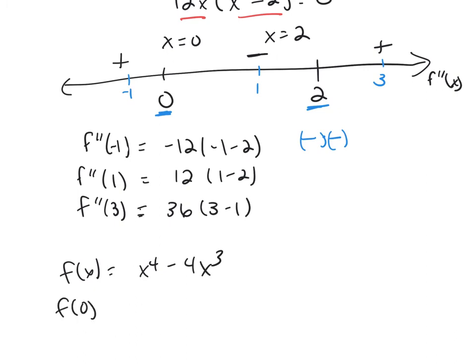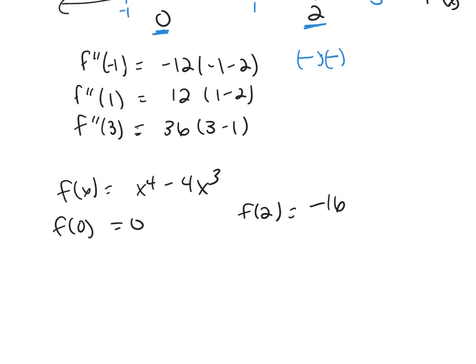If you plug in 0, you get 0. If you plug in 2, you'll get 16 minus 32, which is -16. So I get 2 points of inflection. And those points are going to be (0, 0) and (2, -16).